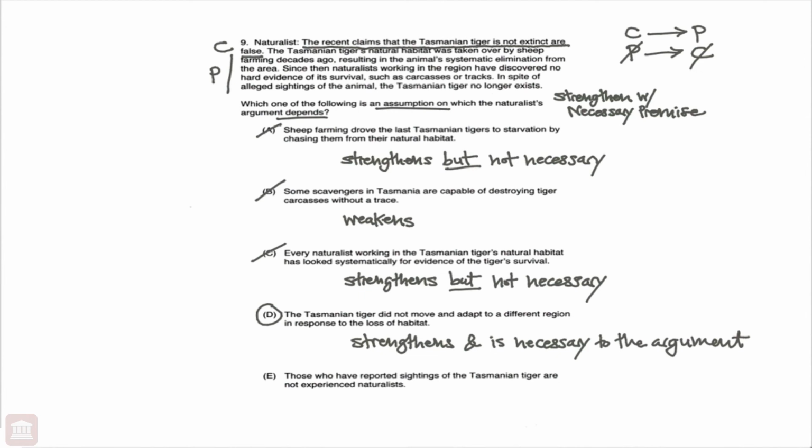It really doesn't do anything. And when you negate it, those who have reported sightings of the Tasmanian tiger are experienced naturalists. Great, what difference does that make? So E clearly does not follow. D again would be the correct answer because not only does it strengthen, D is necessary to the naturalist's argument, and that is a strengthen with necessary premise, the most difficult type of question that appears on the logical reasoning section.